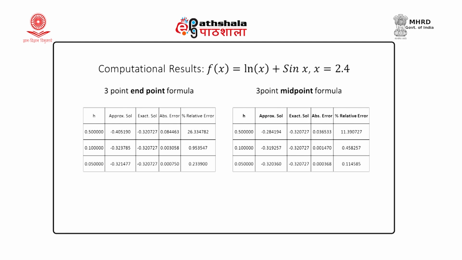So, computationally let us have a look. We have computed using a program the estimate of the derivative by applying this 3-point midpoint formula as well as the 3-point endpoint formula using h equal to 0.5, h equal to 0.1 and h equal to 0.05. Let me make one more point clear.